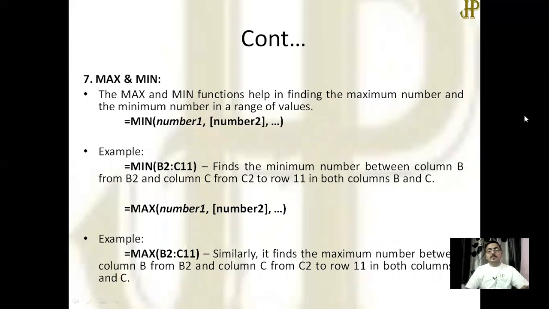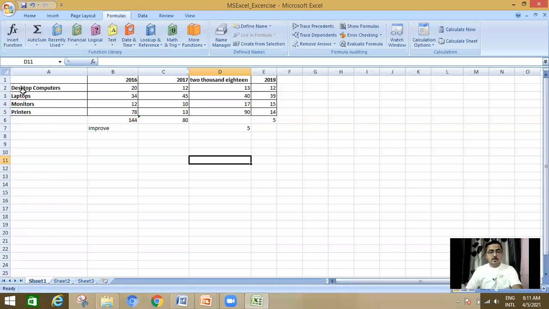And next one is MAX and MIN. As the name suggests, MAX will give the maximum number in the given range. Here you can see that the range given is B2 to C11, and MIN will give the minimum number in the given range. Again, I am going to give you an example. Here I want to find the max value.